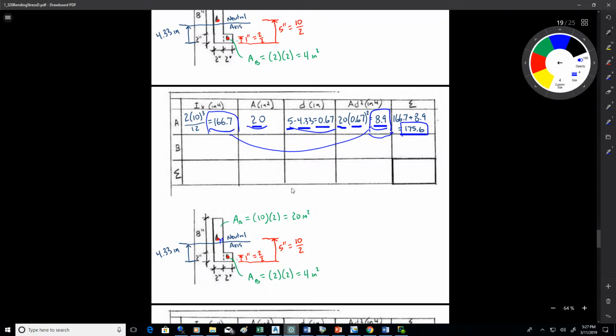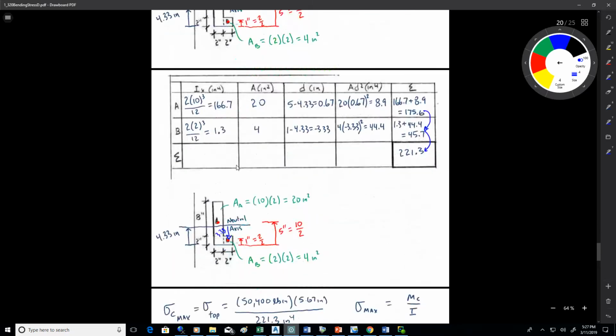I can do the same thing for B. Find bh cubed over 12, it's 1.3. The area is 4. The distance from the neutral axis to the centroid of B is 1, which is the centroid of B, minus 4.33, which is where the neutral axis is. So that's a negative 3.33. So I take the area times that negative 3.33 squared.